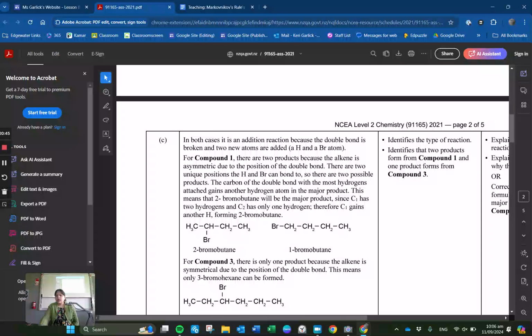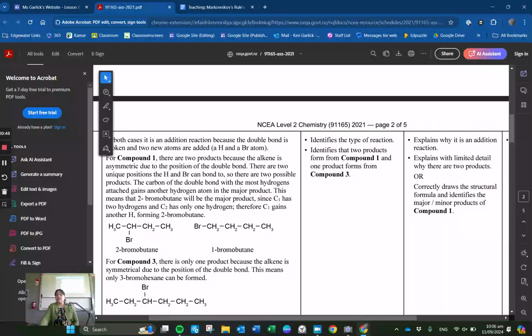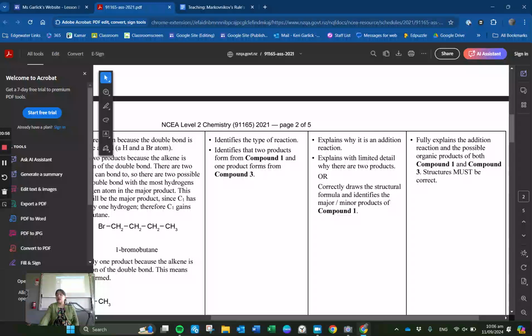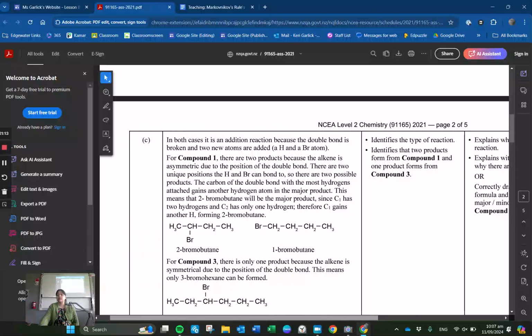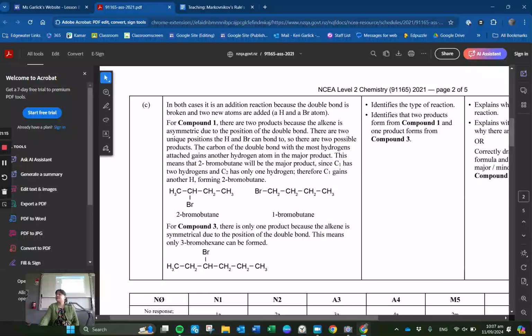All right, so you see here, achieve points: identifies the type of reaction, so this is an addition reaction; identifies there's 2 products formed for 1, but only 1 product for 3; explains why it's an addition reaction; explains with limited detail why there are 2 products; or correctly draws the structural formula; or identifies the major and minor products. So these are all merit points. The excellence then is the full explanation with possible organic products for both 1 and 3, and the structures must be correct. So that's what we're looking at for those points. And that's the proper write-up.